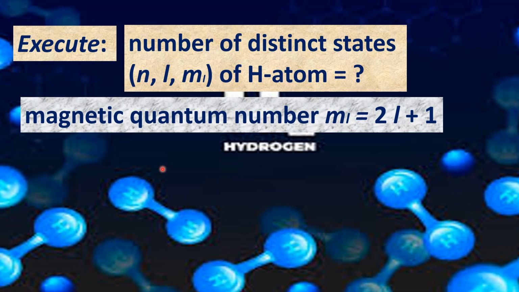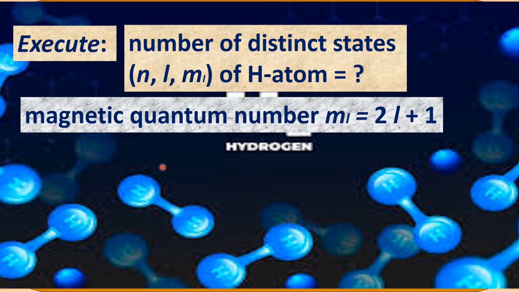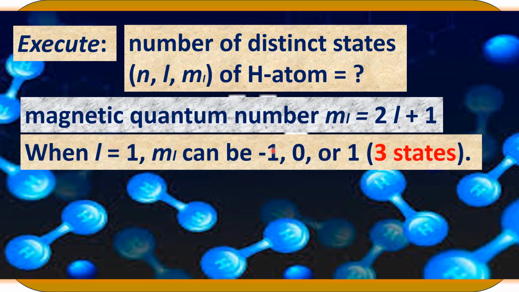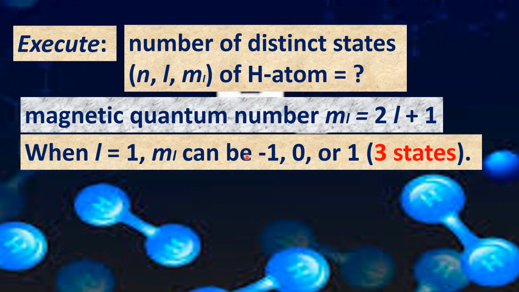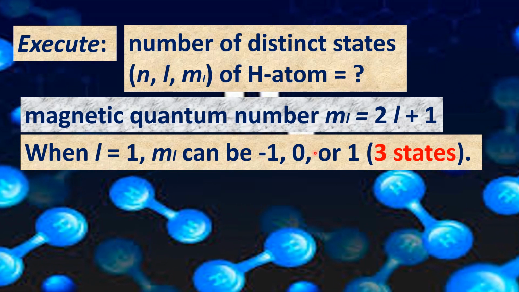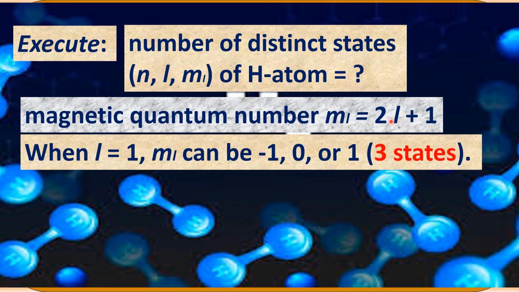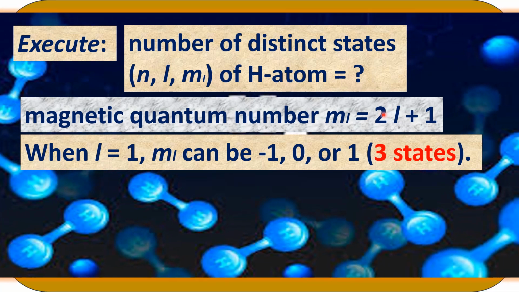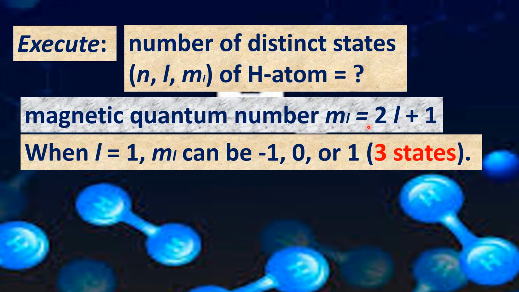Continuing with our calculation, when l is equal to 1, m sub l can be negative 1, 0, or 1. Let's check. l equals 1, so that gives us 2 times 1, that's 2, plus 1, that's 3.